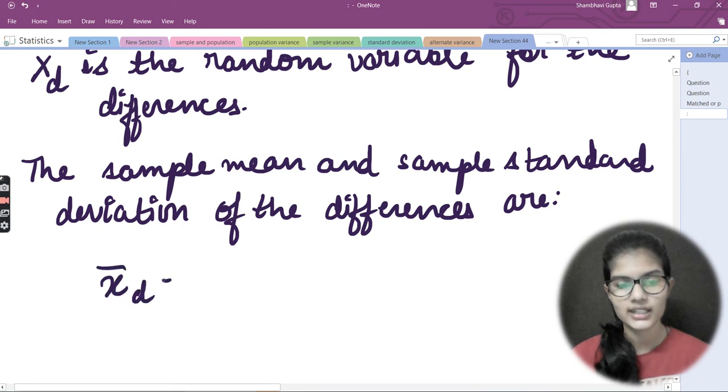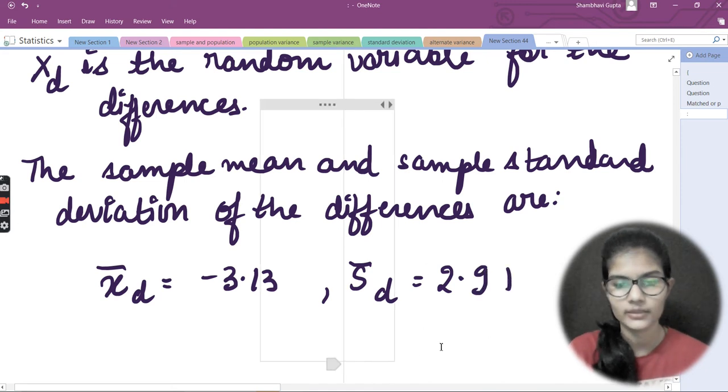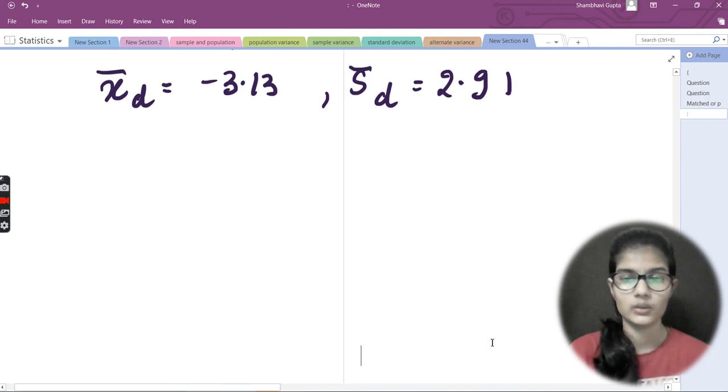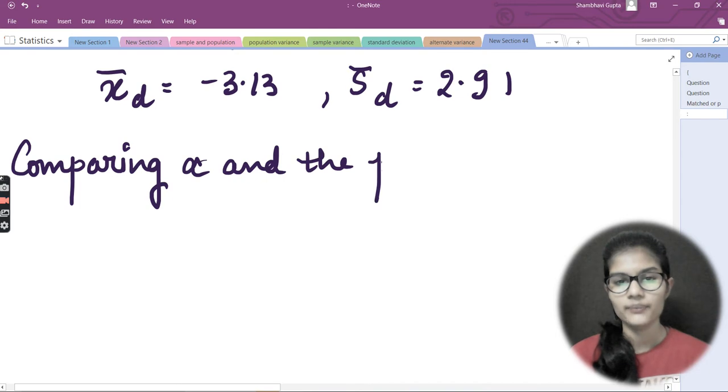We have x bar d is equal to minus 3.13, right? And we have s d that is equal to 2.91. The first one is the mean, and the second one is the standard deviation. We have already found this above, we are just writing the things right here. Okay. Now, after we figure out all the things, we will be comparing alpha and the p-value.